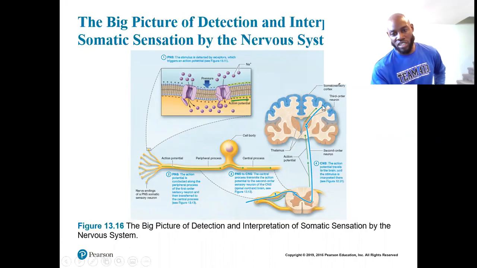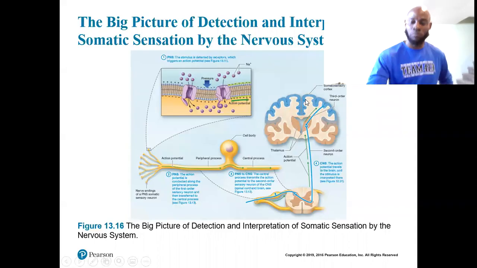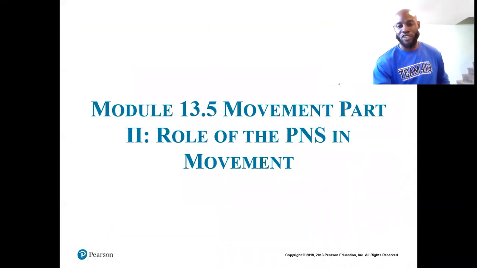That'll go to the cerebral cortex, the section responsible for sensing, and that's connecting your PNS with your CNS, which will tell you, okay, this is what I'm touching. All right, thank you very much.